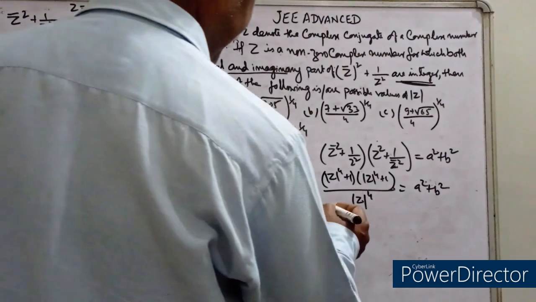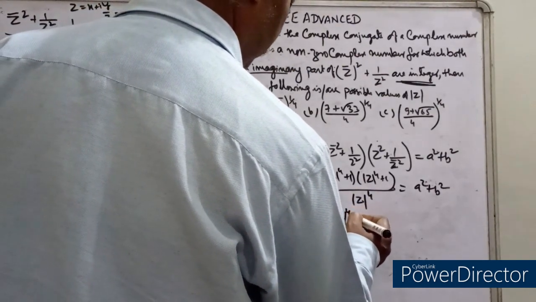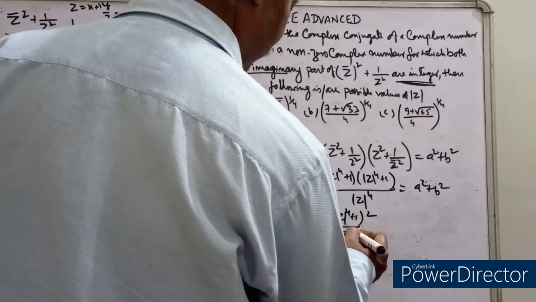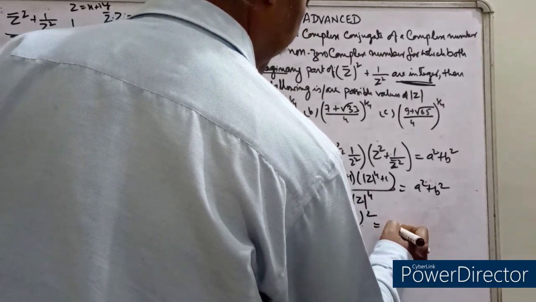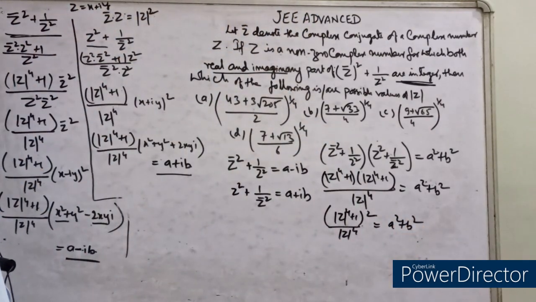Now here you see that this can be written as (modulus Z⁴ plus 1) the whole square by modulus Z⁴ is equal to A square plus B square. I can write it like this.